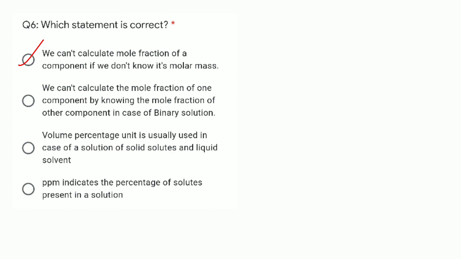So option C is not correct. And the last option: ppm indicates the percentage of solute. No, ppm indicates parts per million, that means how many parts are present in a million parts of solution. So this option is also not correct. For question number 6, option A is the correct option.